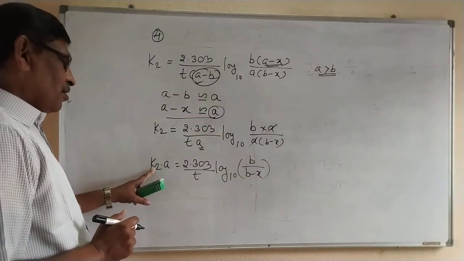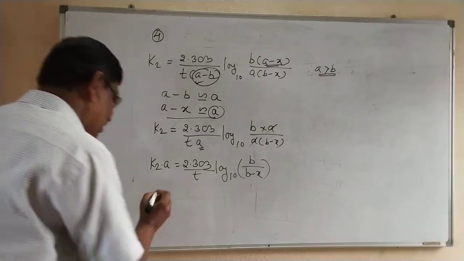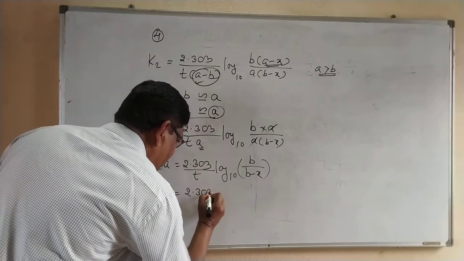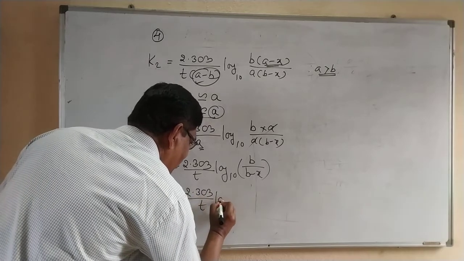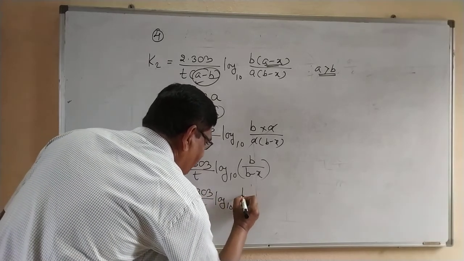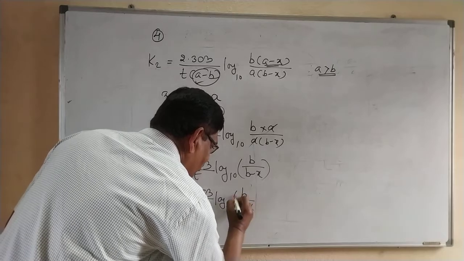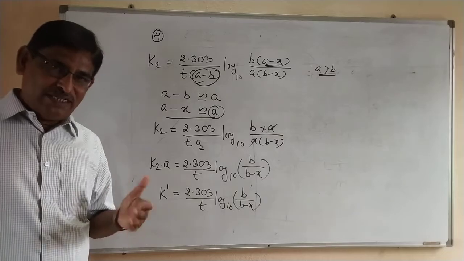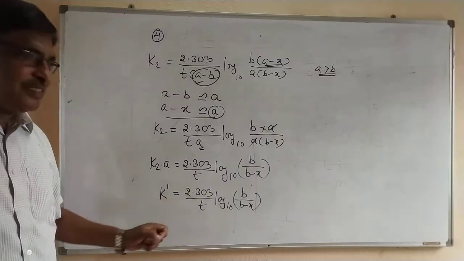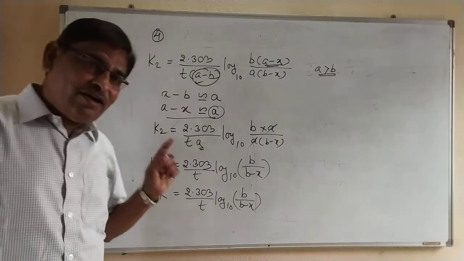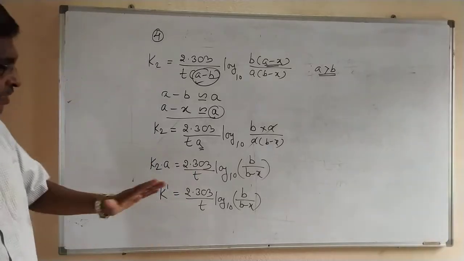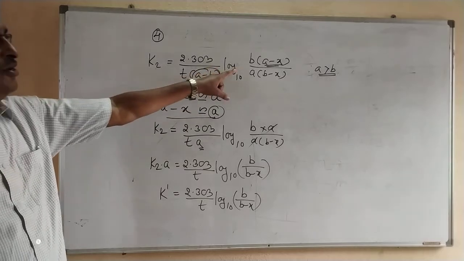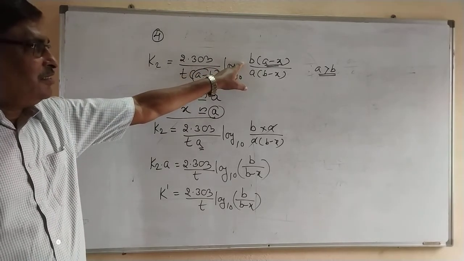Rate constant multiplied by initial concentration, this K dash, equals 2.303 over t log of b over b minus x to the base 10. Now what is this? If we remember the equations, it is the integrated rate law for a first order reaction. That means it is first order kinetics. Initially, we had this equation.